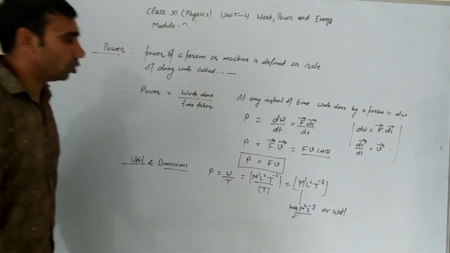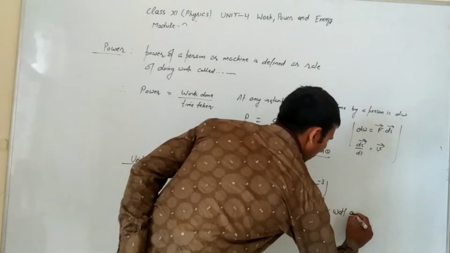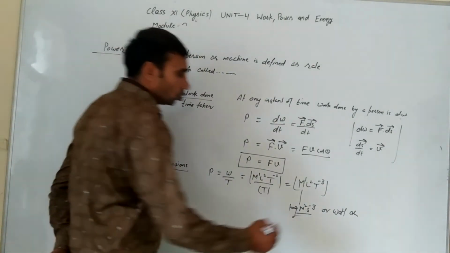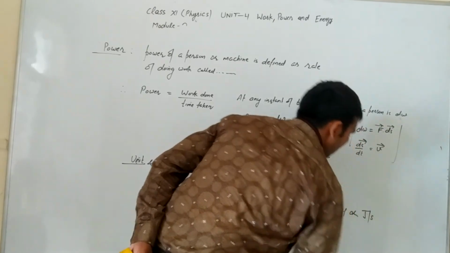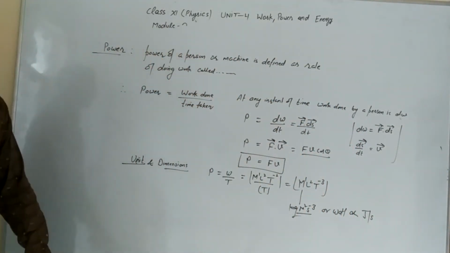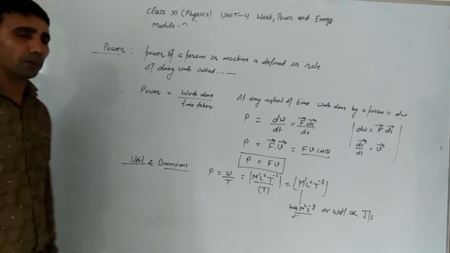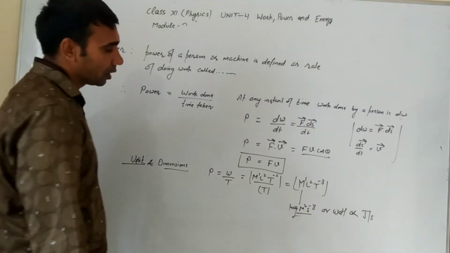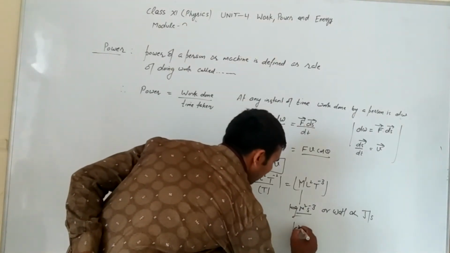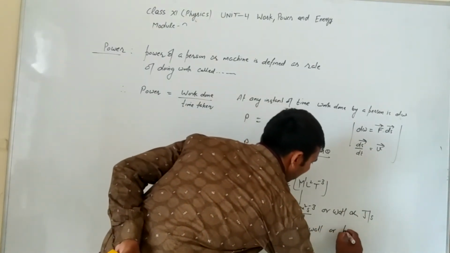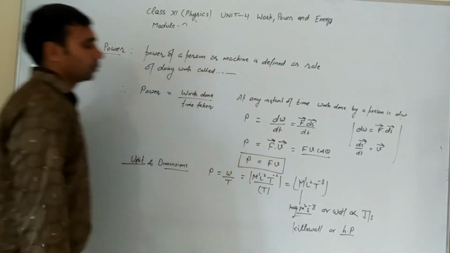Or, the unit of work done is joule and the unit of time is second, so joule per second. Watt, kilogram meter square per second cube, all these are units of power. The commercial unit of power is kilowatt hour or horsepower.